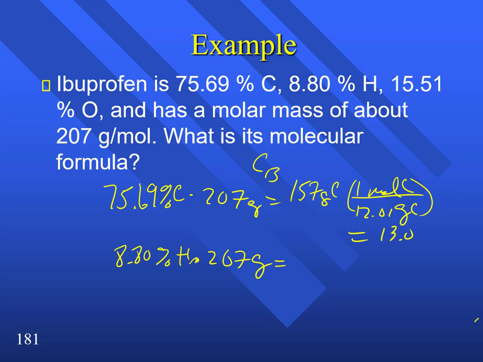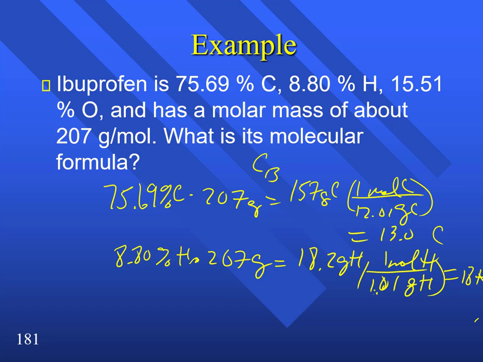Oops, I did 8.08, not 8.80. I get 18.2 grams of hydrogen. Take the grams of hydrogen, turn into moles of hydrogen. 1 mole is 1.01, but I'm guessing that 18 divided by 1 is going to be really close to 18. So that's H18.